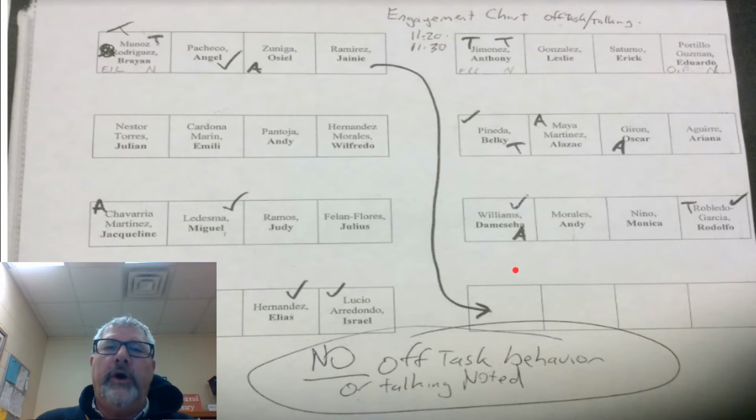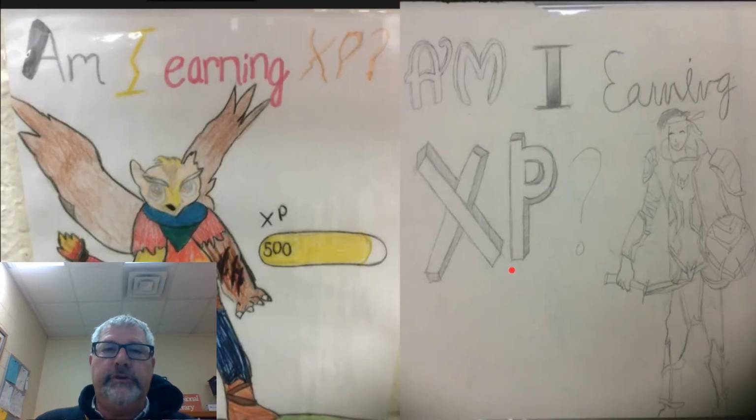Experience points are important for these students. Why? Well, if they gain XP, their team has extra privileges. They can get a pet in the game. And you're going, why is this an important thing? Well, because it is.